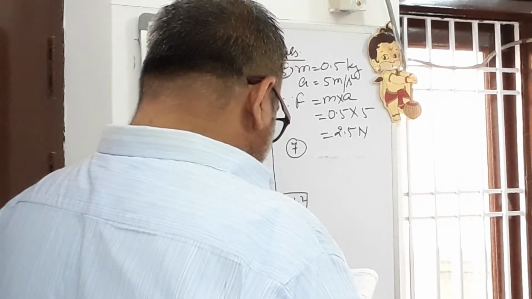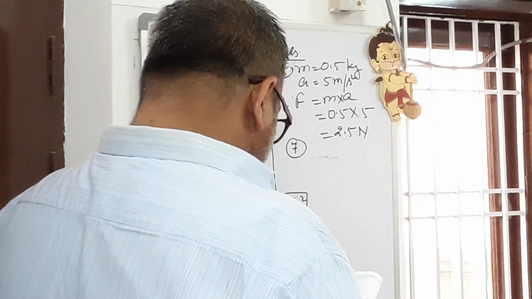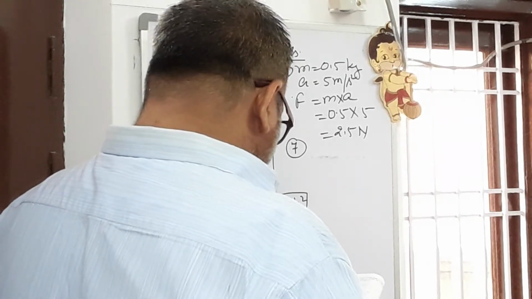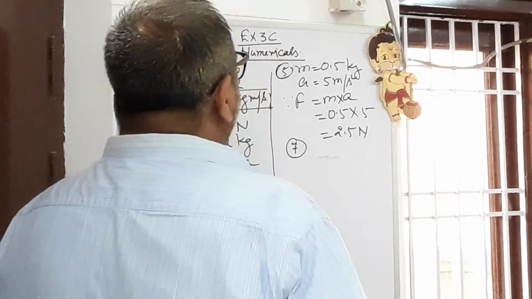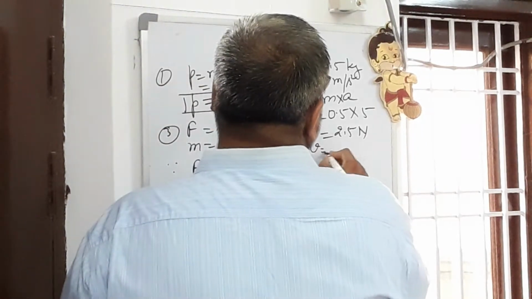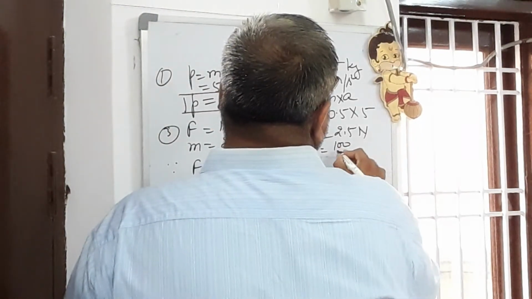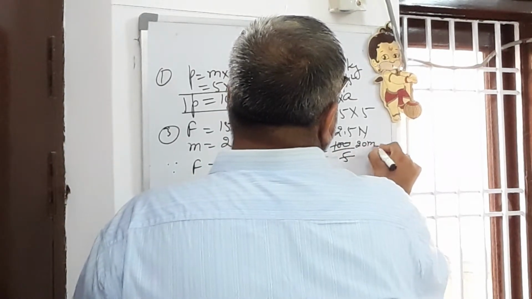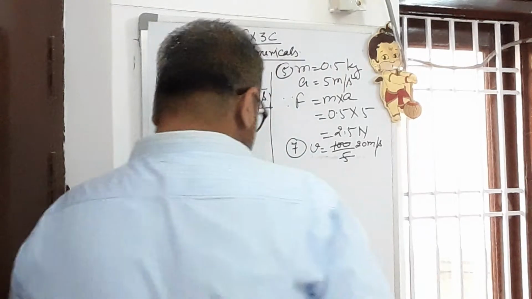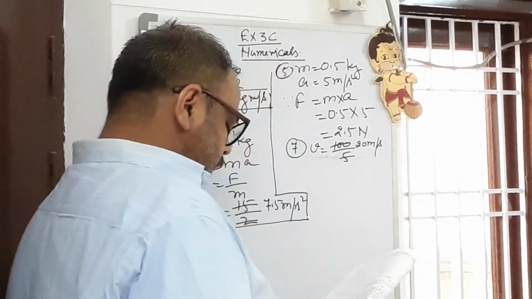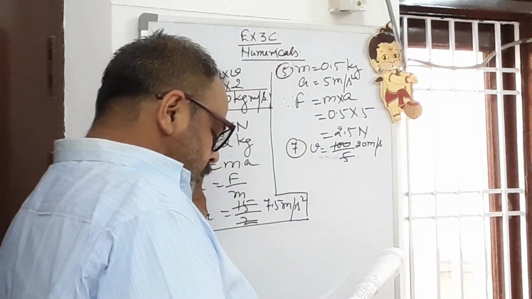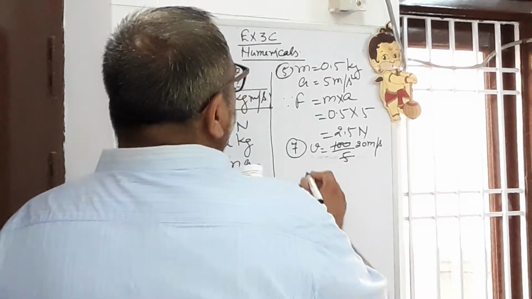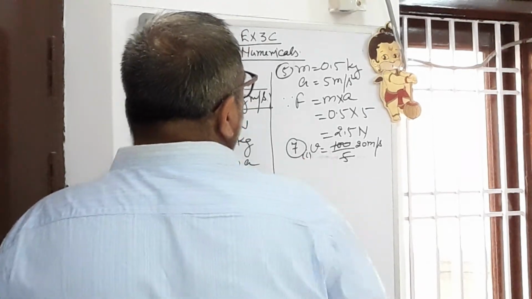Force X then ceases. The body moves a distance of 100 meters in 5 seconds. Velocity is 100 meter in 5 seconds, 20 meter per second. Calculate the velocity required. First part, velocity required.